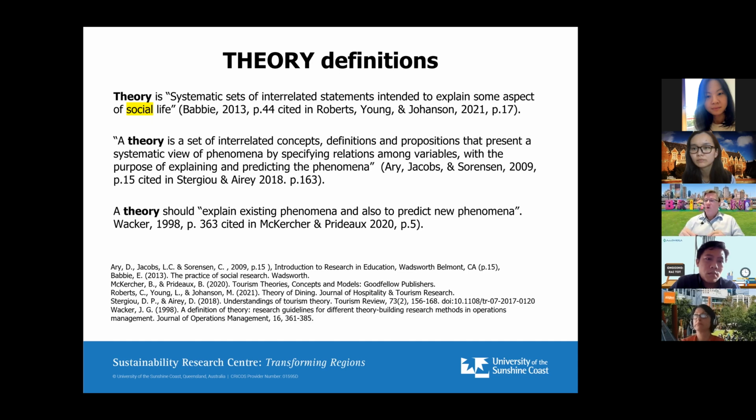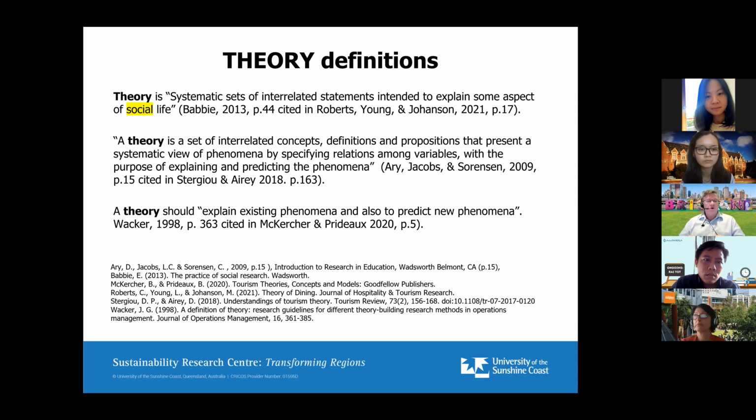Oh, well, can you predict social life? Maybe not, but you may be able to predict some phenomena. So maybe these definitions are actually pointing to some very interesting things about tourism and how people are thinking about it.